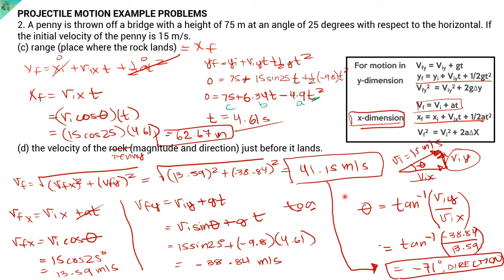So this is our opposite. You just have to find out if this is your angle, what is the opposite and what is the adjacent. That's why Vfy and Vfx. Sorry, that should be Vf, not Vi. Okay, so that's it. That's how you do it. Again, any questions?